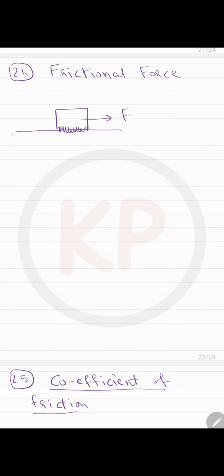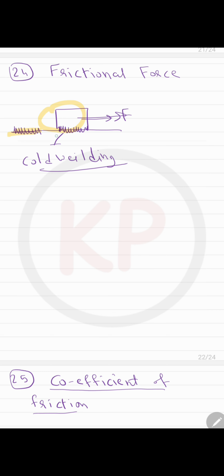Even if the table looks very smooth, it has grooves like this, and the surface of the object is also having such grooves. So when they are kept one over each other, they get interlocked. This process is called cold welding.